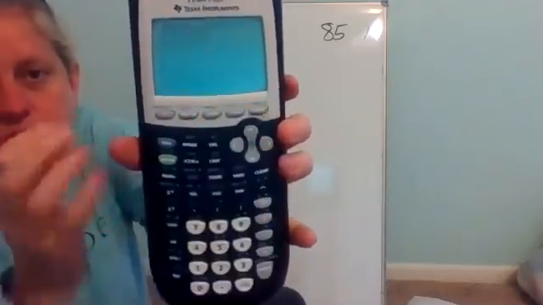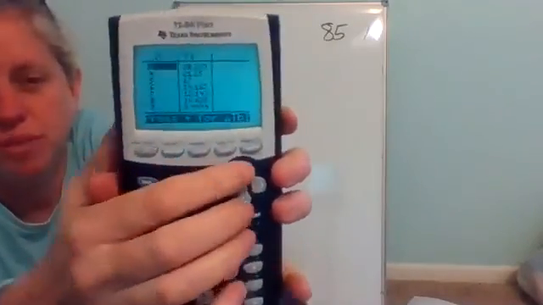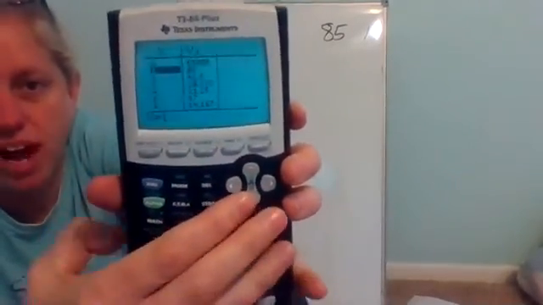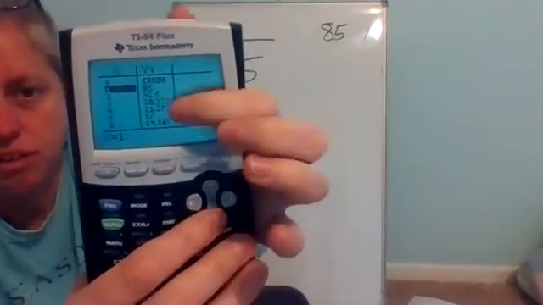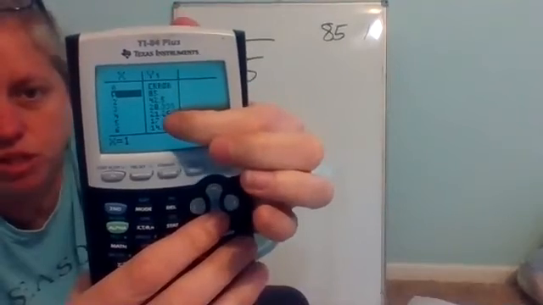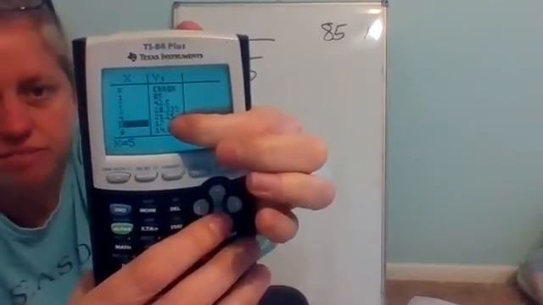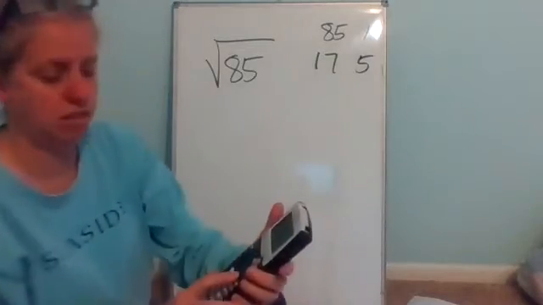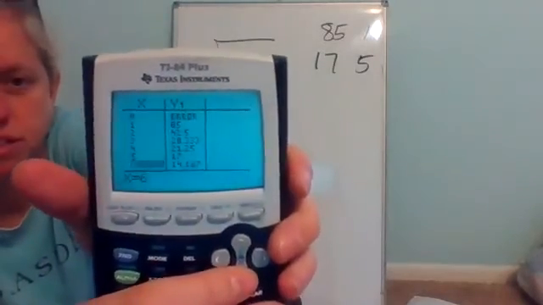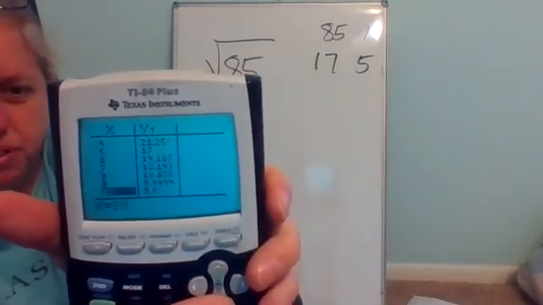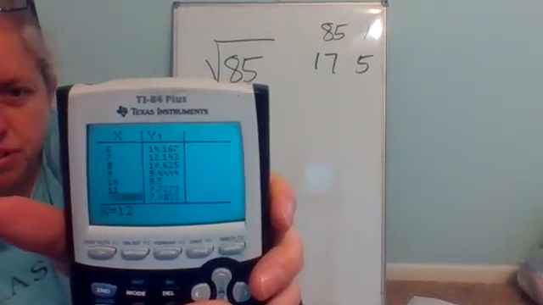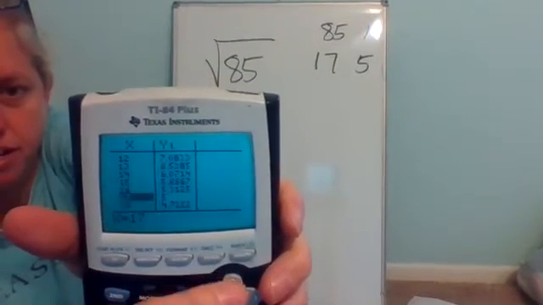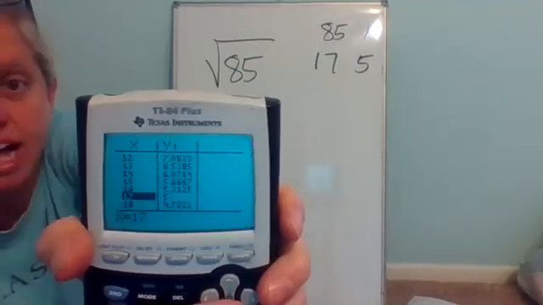And go to my table. I would start at 0 or 1, I guess. So 85 and 1. Looking for numbers that aren't decimals. So this one, 17 and 5. And there's 17 and 5 again.